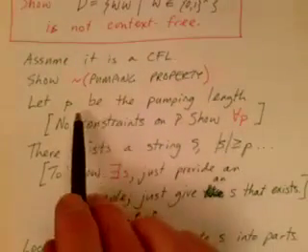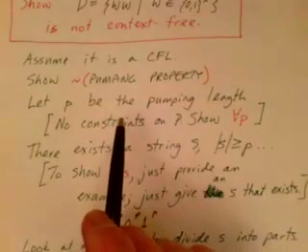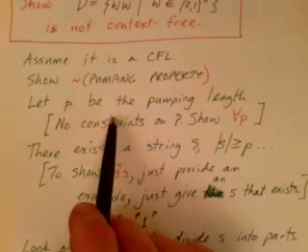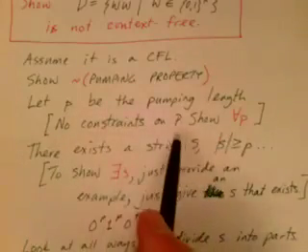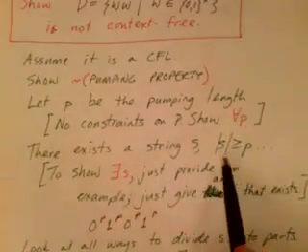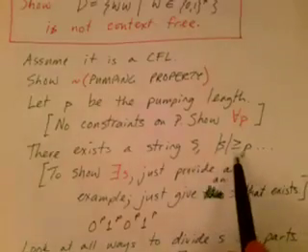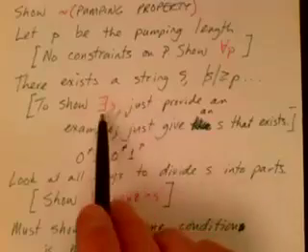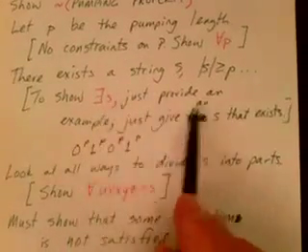Again, we can't constrain the pumping length because we don't really know what it is. Let P be the pumping length. There are no constraints on P, so we're showing it for all P. The next step is that there must exist a string of sufficient length. To show that there exists a string, all we have to do logically is provide an example.